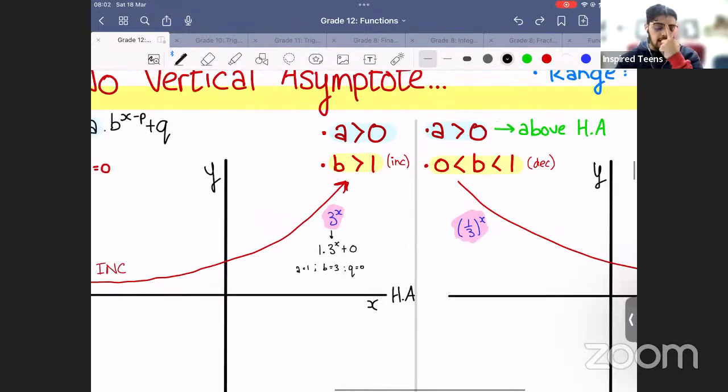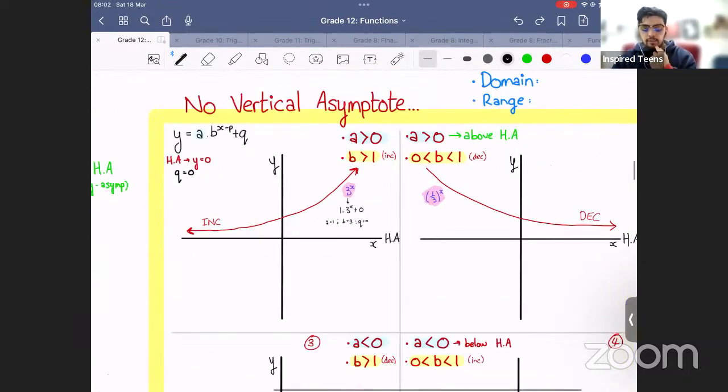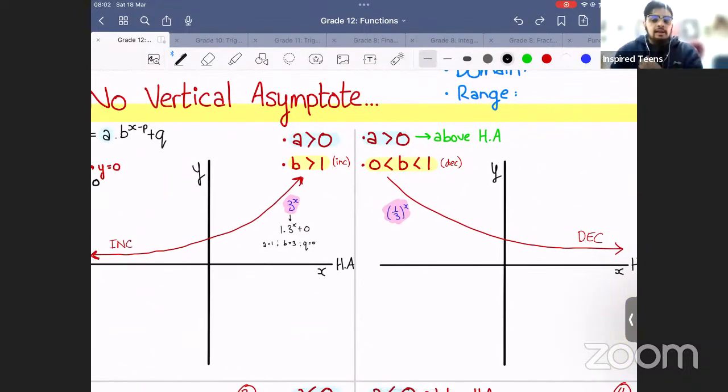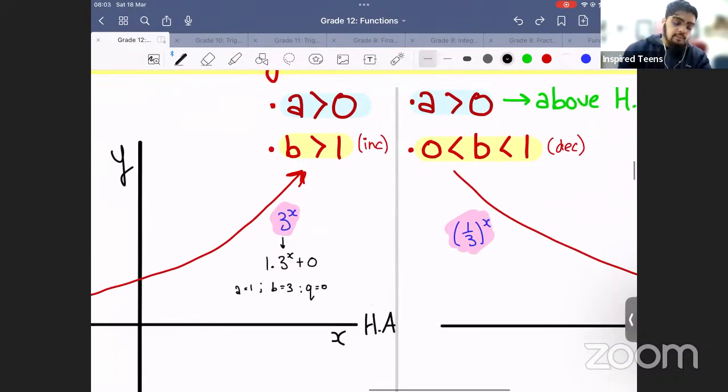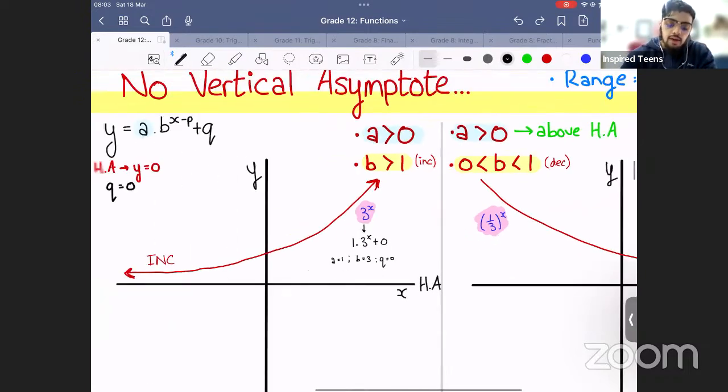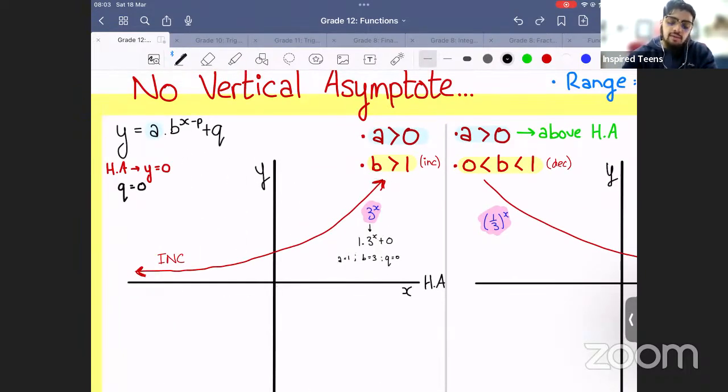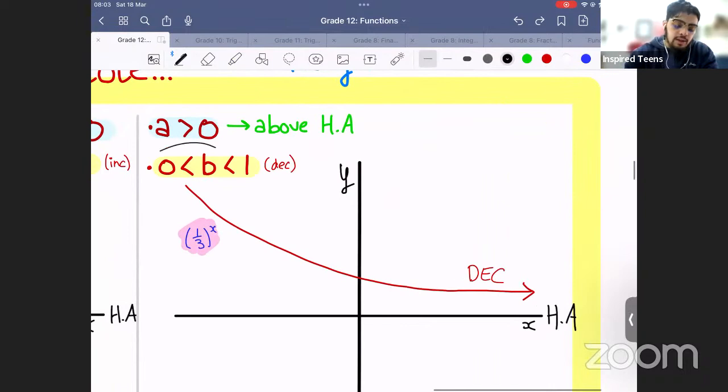Both have a positive, so we can see that they're drawn above the horizontal asymptote. Then it differs when we come to b. When b is greater than 1, as you can see here, b is 3, it's an increasing function, above and increasing. When b is between 0 and 1, when it's a fraction, it's above and decreasing.